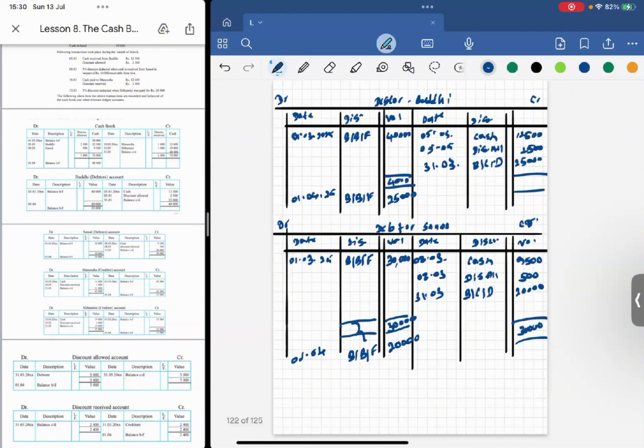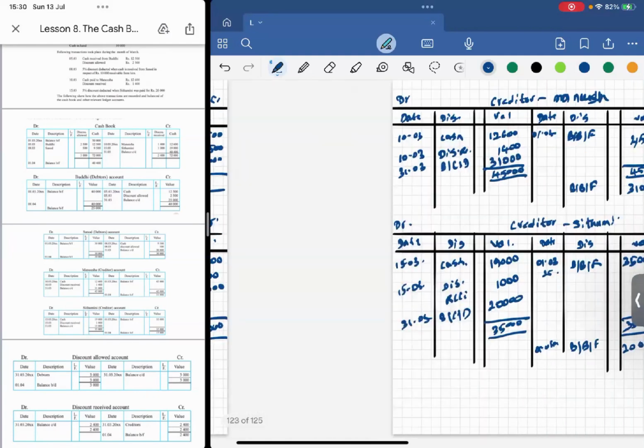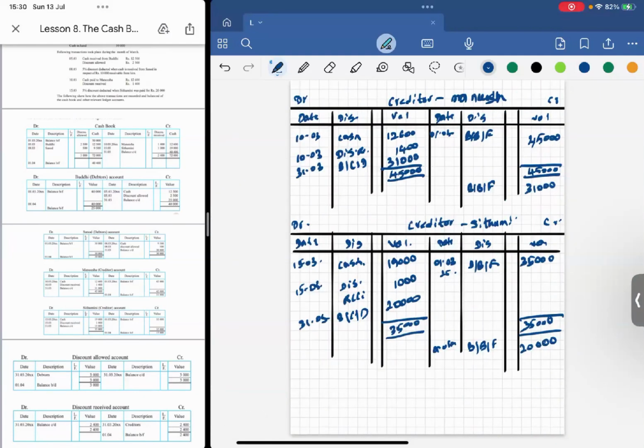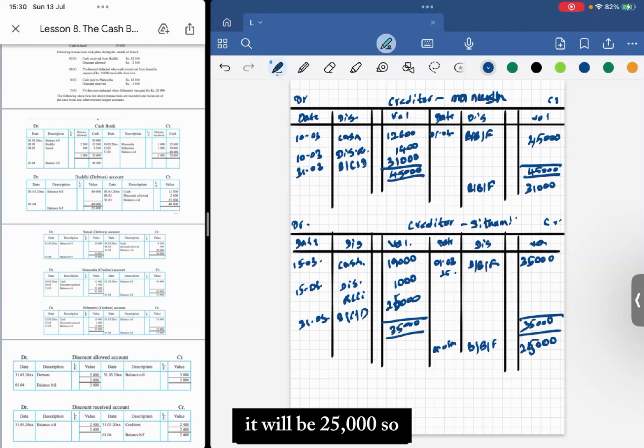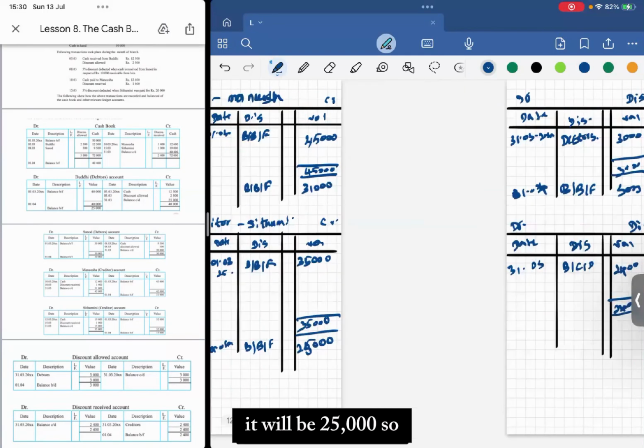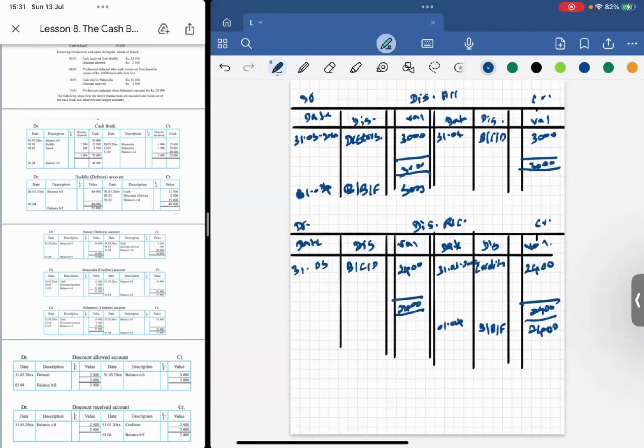Okay, it's correct. It should be 25,000. From 35,000, when 20,000 is deducted, it will be 25,000. So, okay. Okay, all good.